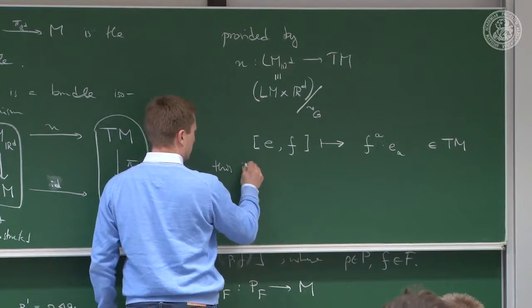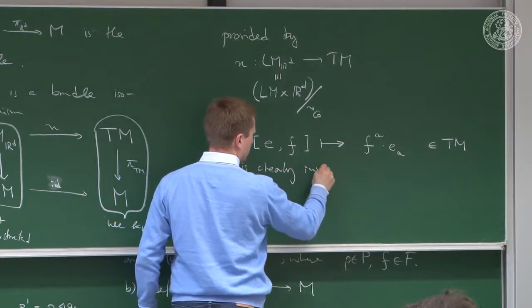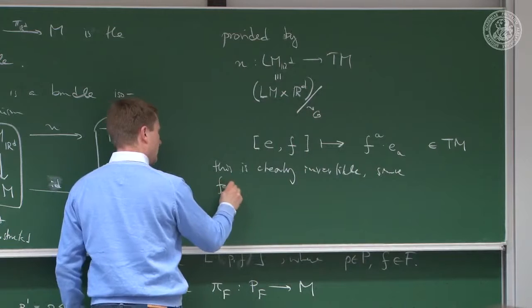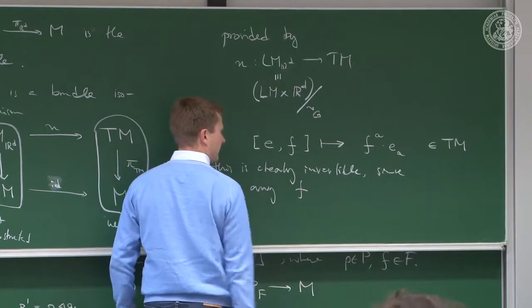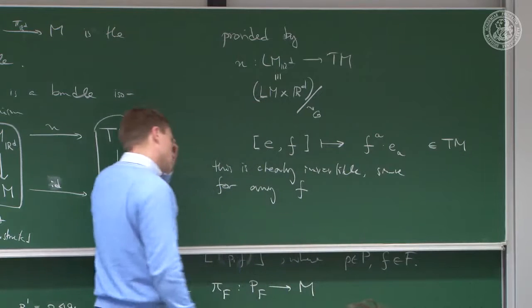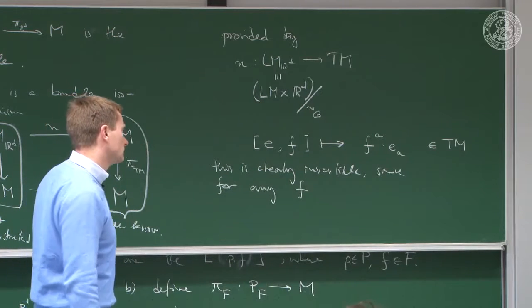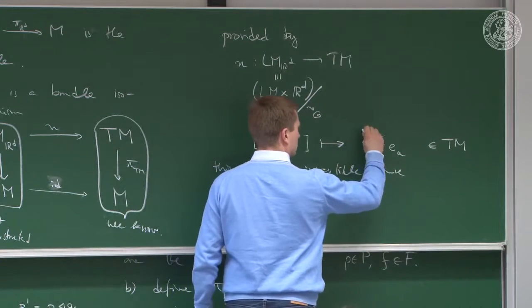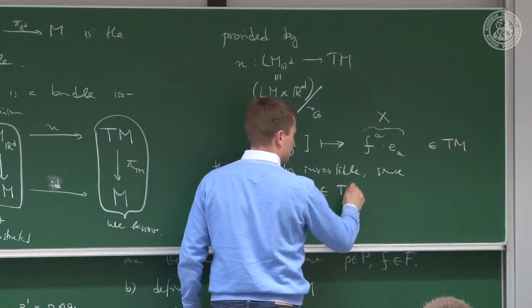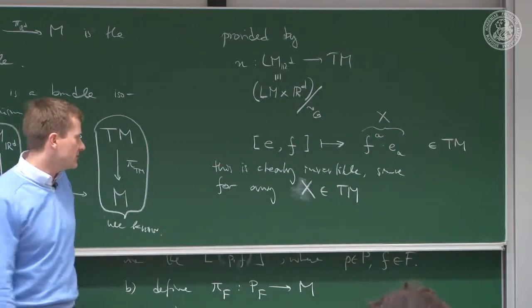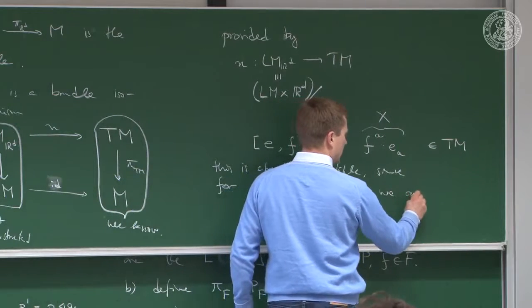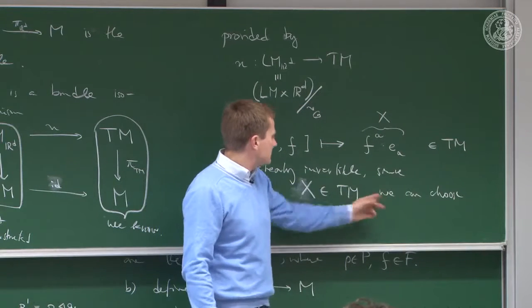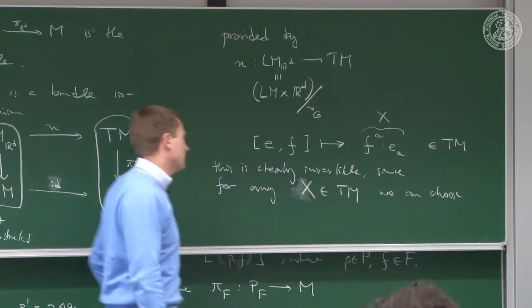This is clearly invertible, since for any x in TM, that's not necessarily of this form at first, so for any x in TM, there first of all is a certain base point, so it's an x at p.